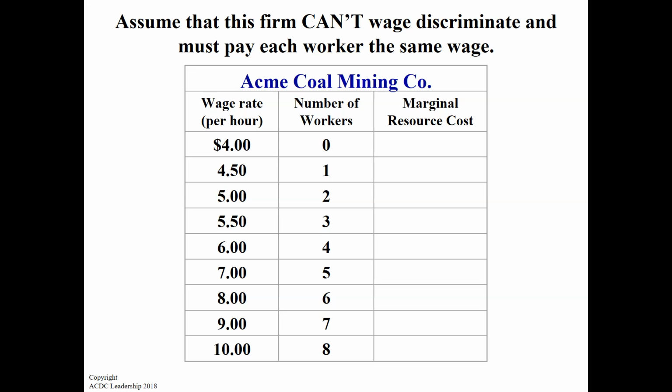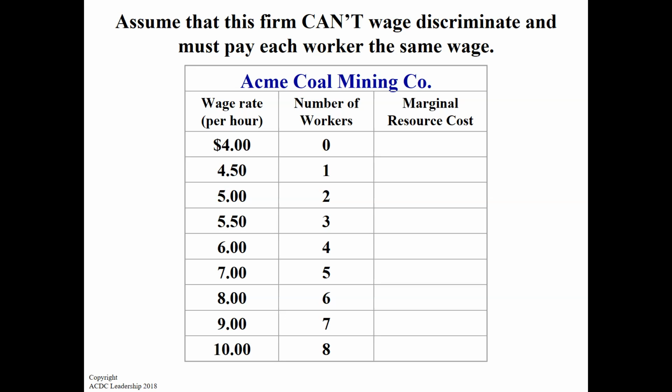So I'm just going to put total cost here. For the first worker, the total cost is $450, $450 minus 0, so the MRC is $450. Now, for the second worker, I have 2 workers, I have to pay them both $5, even though I got Charlie for $450, I can't pay him $450 while I pay Oliver $5. So now my total cost is $10, and 10 minus $450 is $550.